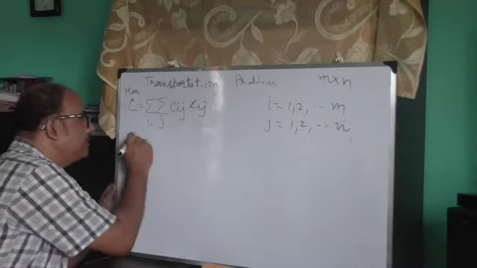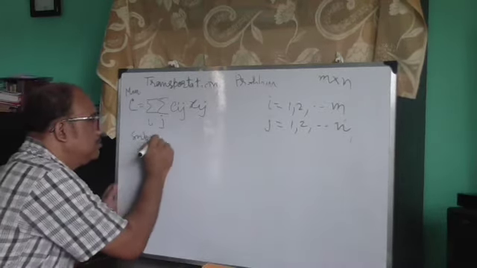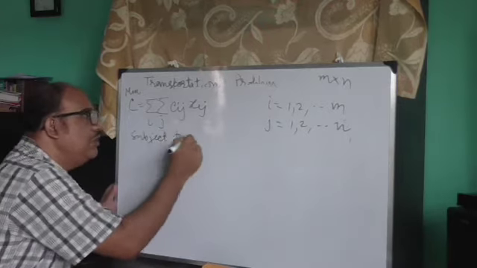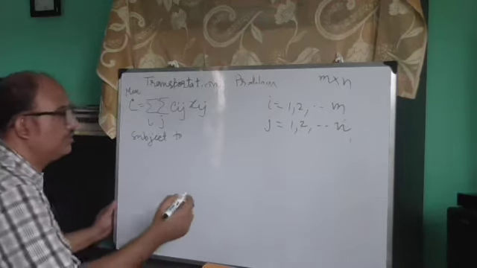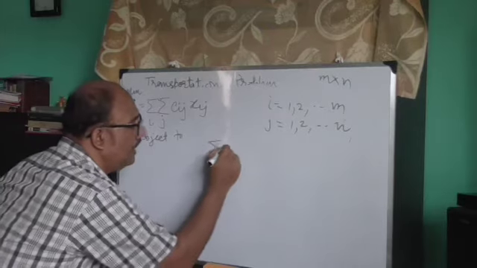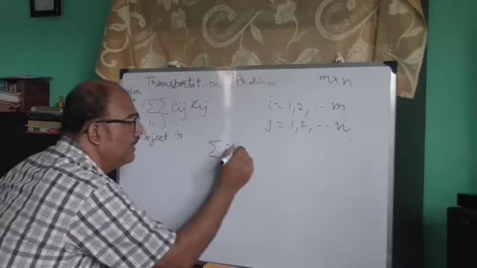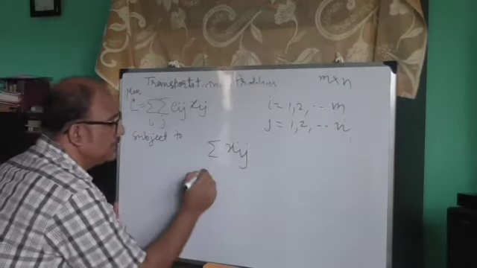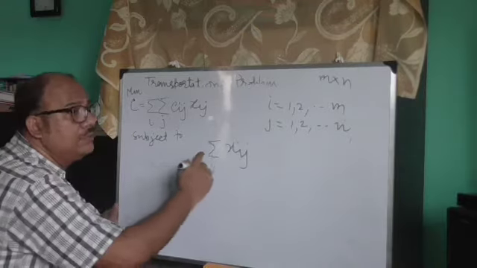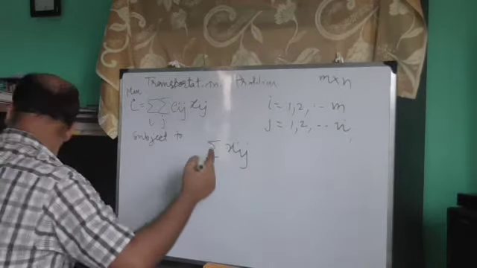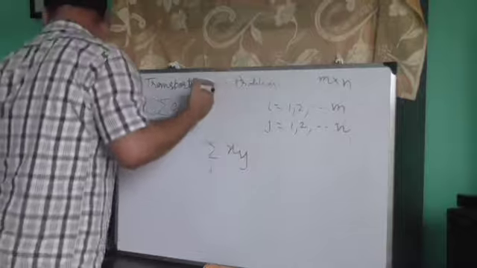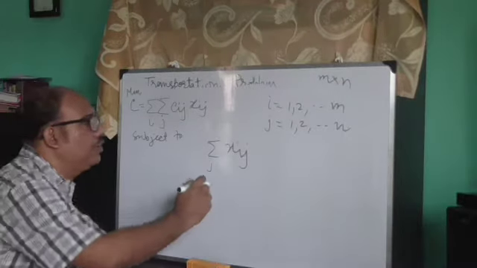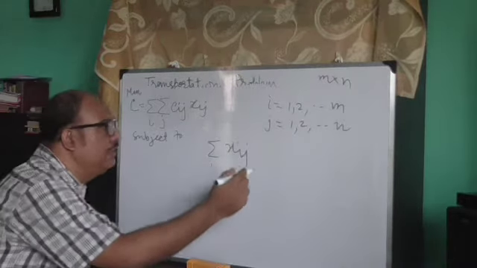Subject to the constraints, if we take the availability constraints, that is the summation of xij, sum over j, where j is the column. For rows we have the availabilities.